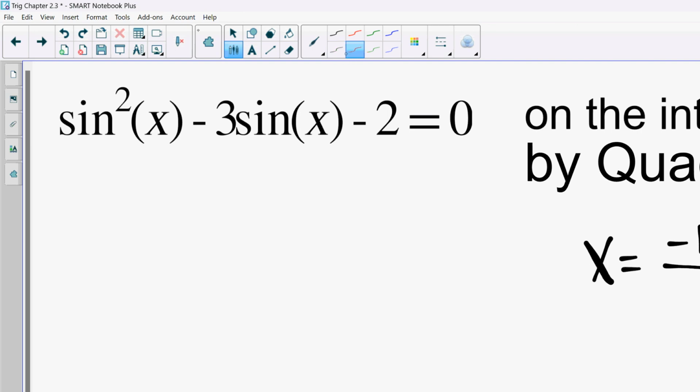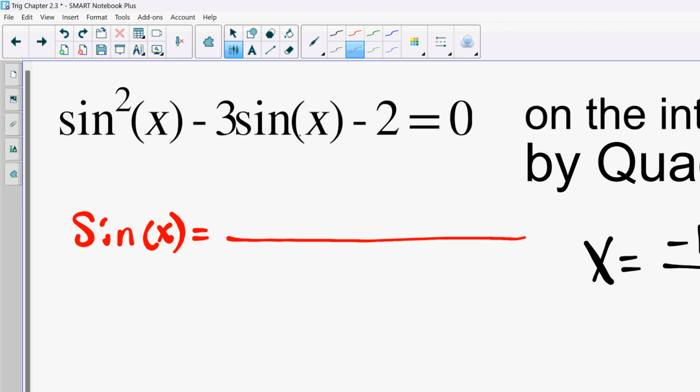But instead of having x, we're going to have sine of x. Now the values for a, b, and c still hold true. A is going to be the number in front of sine squared, b is going to be the number in front of sine to the first power, and c is our constant term.